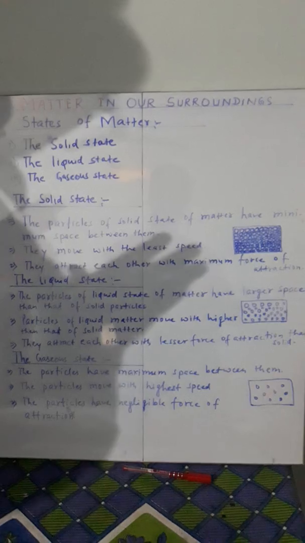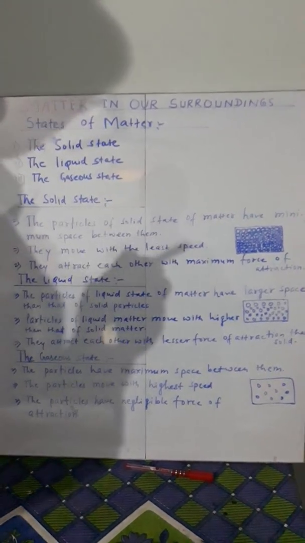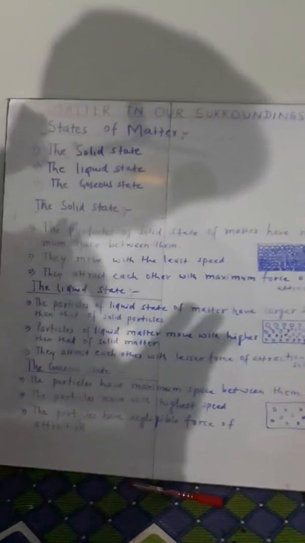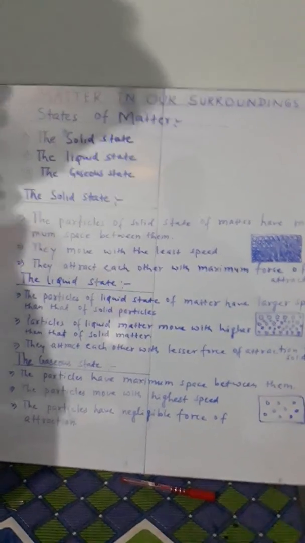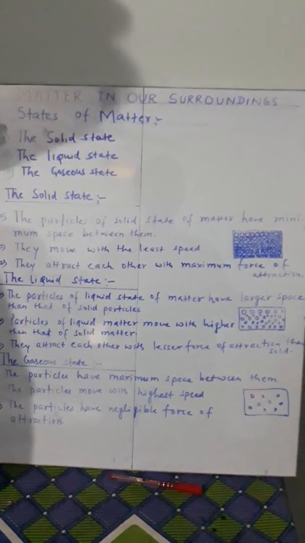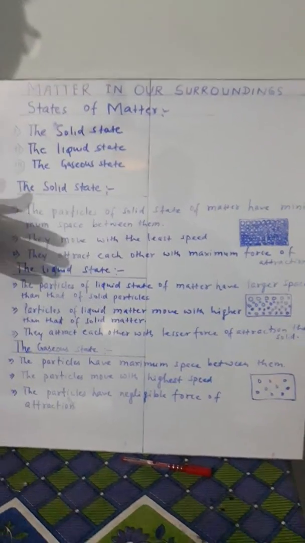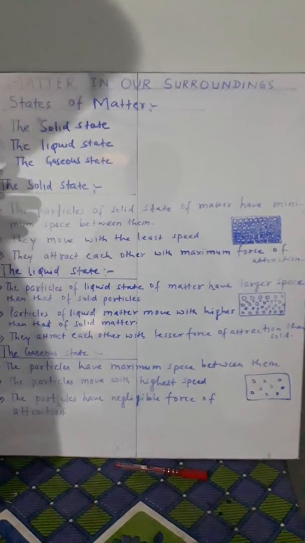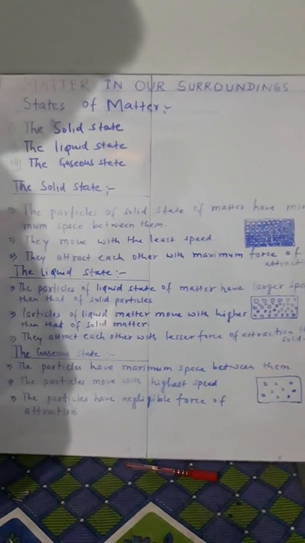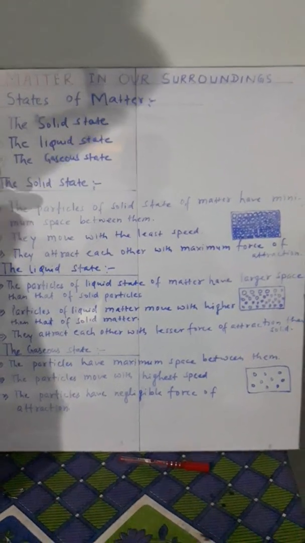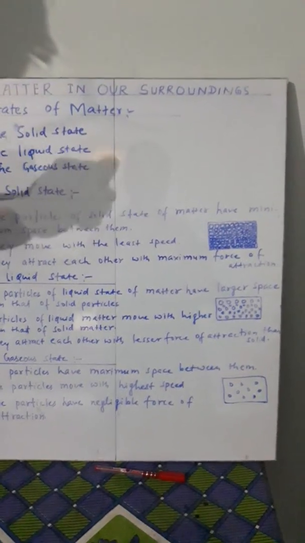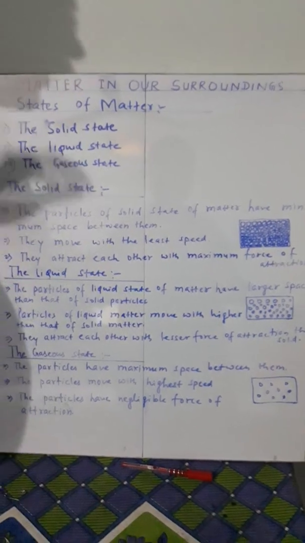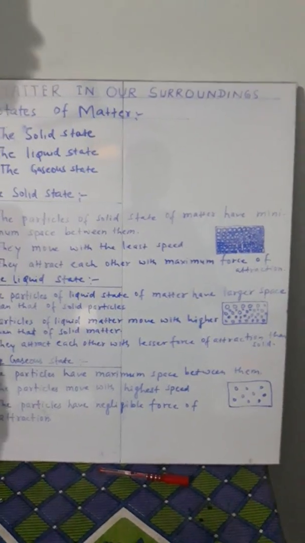So air is present in those spaces, and that's why when we compress it, the air is removed and the shape is changed. So the conclusion is that in the case of solid matter, the shape remains fixed and the volume remains fixed. They have a rigid shape and a fixed volume, and this is due to these three properties. And we cannot compress solids at all. This is about the solid state of matter.